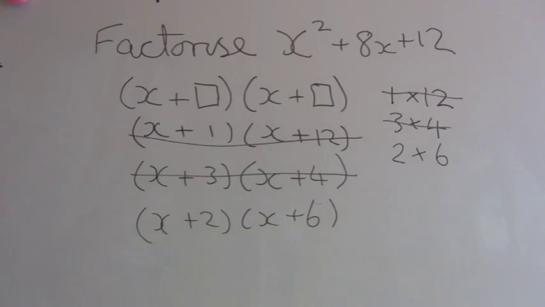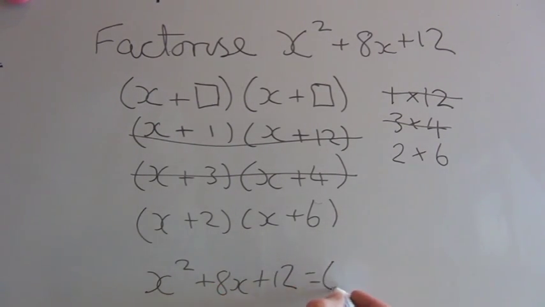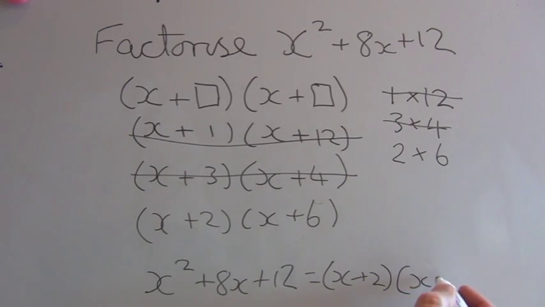Add them together, we get 8x. So that's the coefficient we're after. So this one is correct. So we can write x squared plus 8x plus 12 equals x plus 2 and x plus 6.